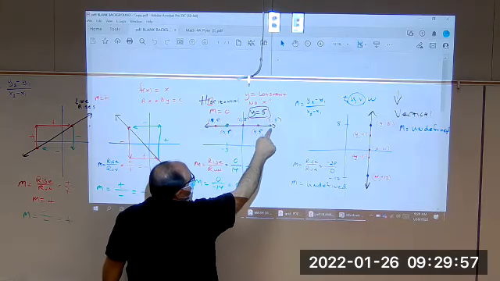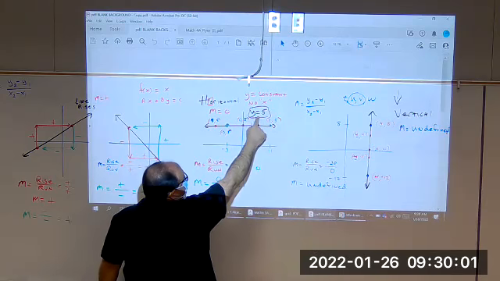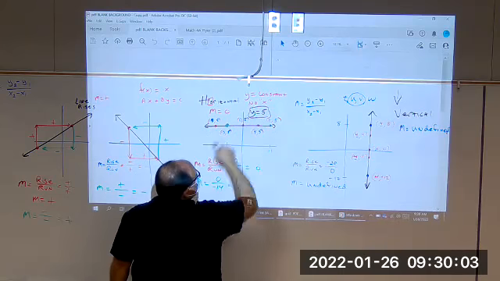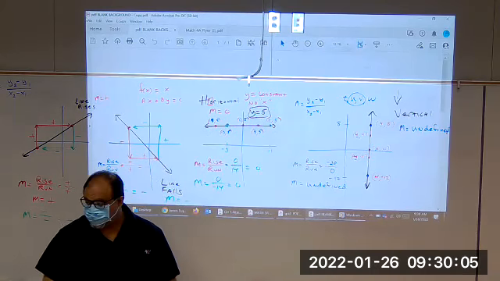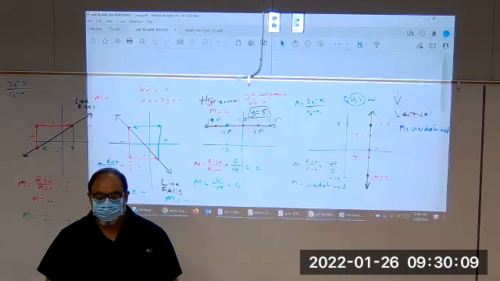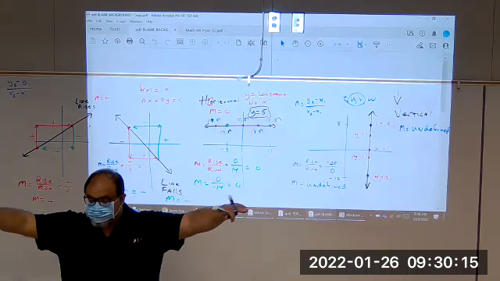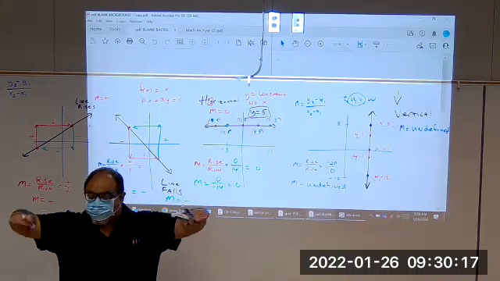Y is always 5. Y equals 5. If x is negative 8, guess what? Y is 5. But where do I plug in the negative 8? You don't have to. It doesn't matter where you plug it in, because when you plug it in, you're going to get y equals 5 anyway. And that's what makes it horizontal, is because all the y's are the same.